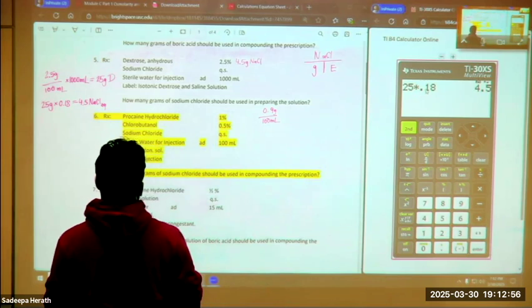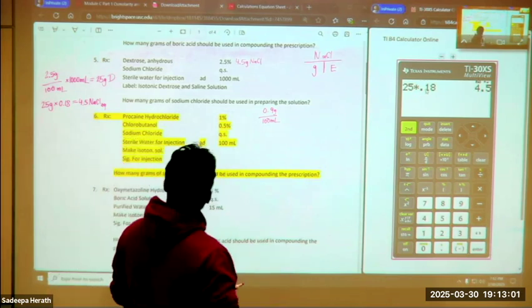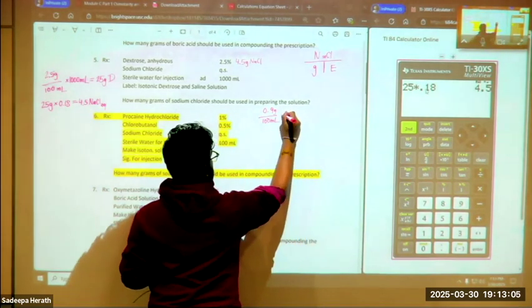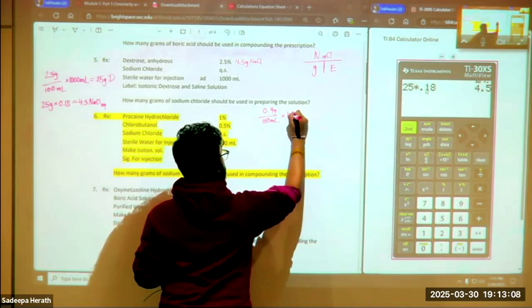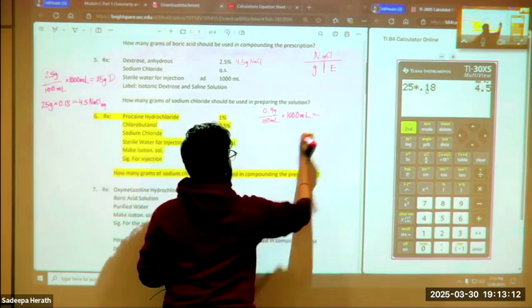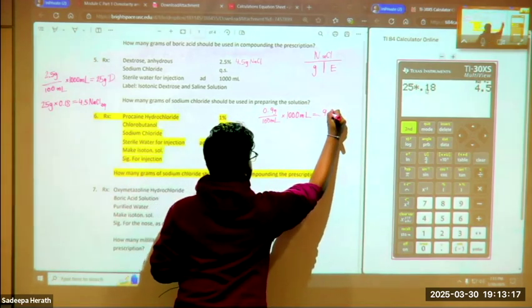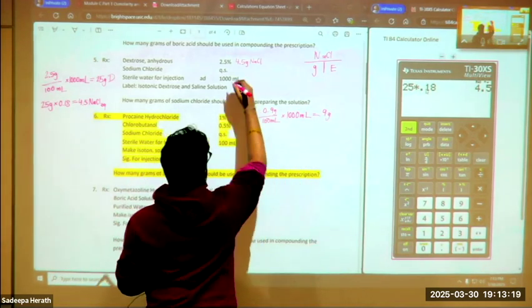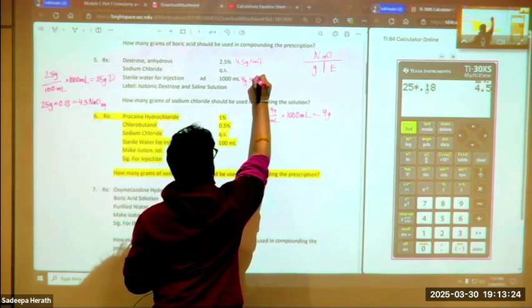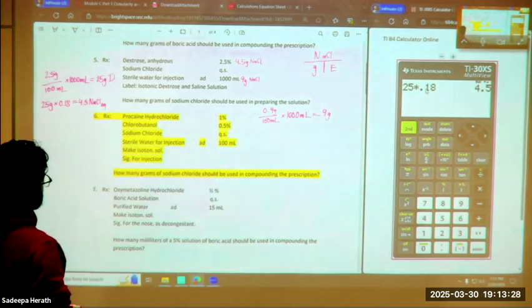So now we need to find out the total amount of NaCl in the total solution. So it's this conversion factor times 1,000 mLs. Okay, and that's 9 grams. So there are 9 grams of NaCl equivalently in the total solution.